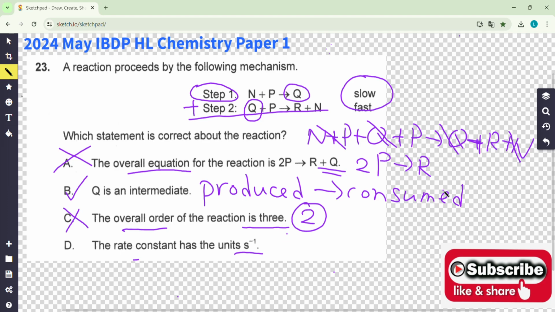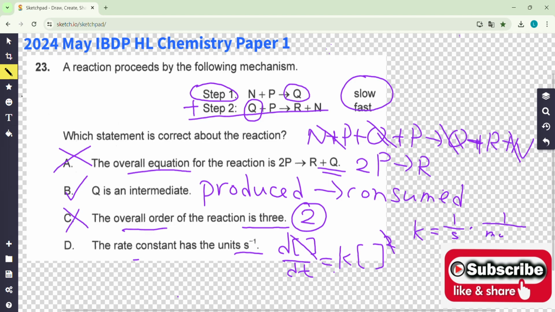Just remember, the rate equals d[concentration] by dt equals the rate constant times concentration, now order 2, so it's squared, right? So when you talk about the units, cancel out 1, and the unit of concentration moves to the left-hand side to become over. So the unit of k is 1 over time, which is second, and 1 over concentration.